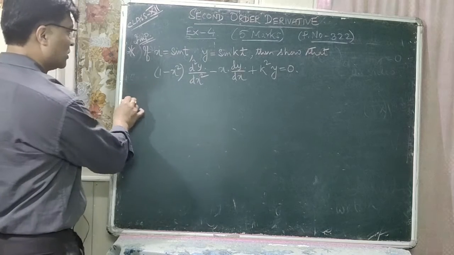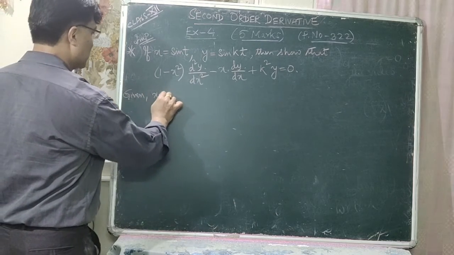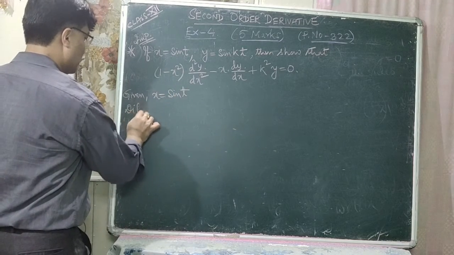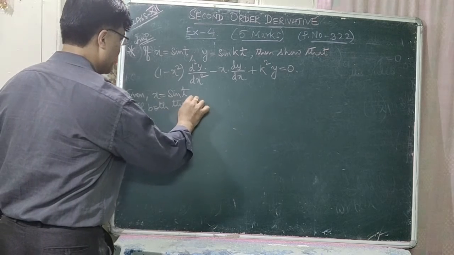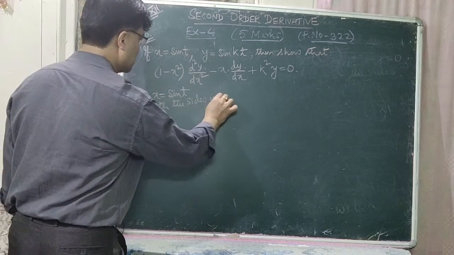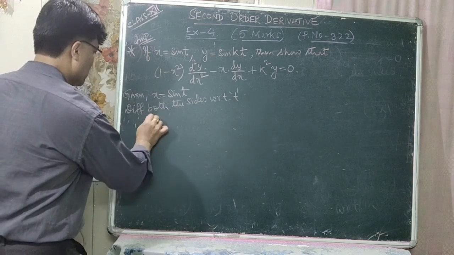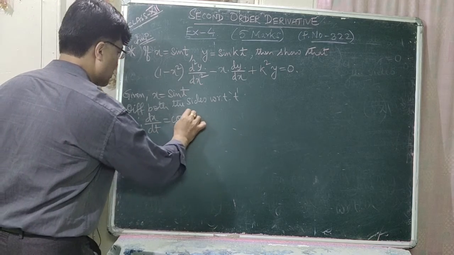Okay, now solution. So here given x is equal to sine t. Now differentiating both the sides with respect to t, so therefore dx by dt is equal to cos t.